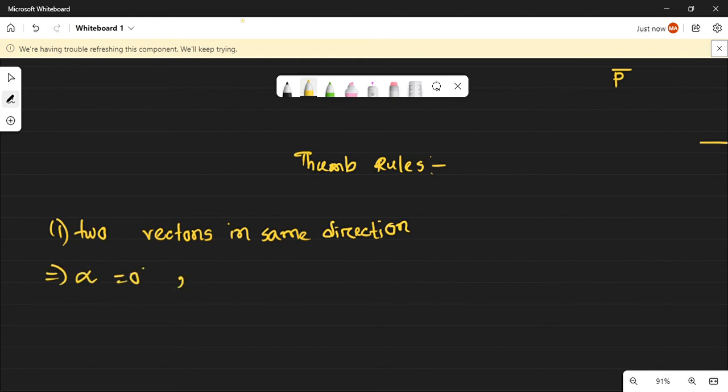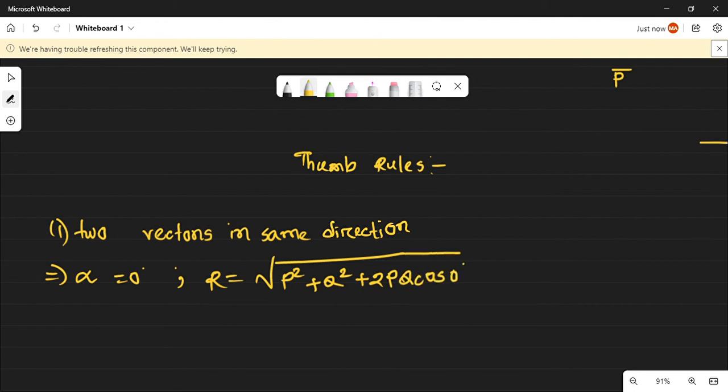So R will be equal to the square root of P square plus Q square plus 2PQ cos 0 degrees. Cos 0 degrees means 1.